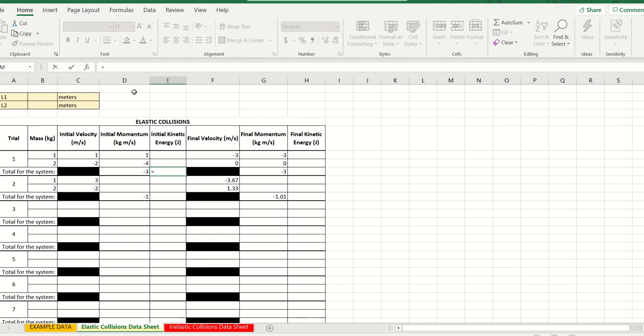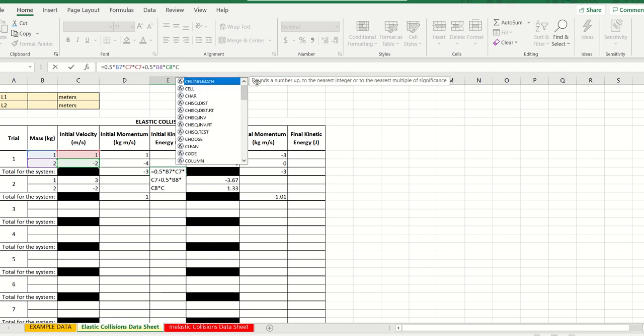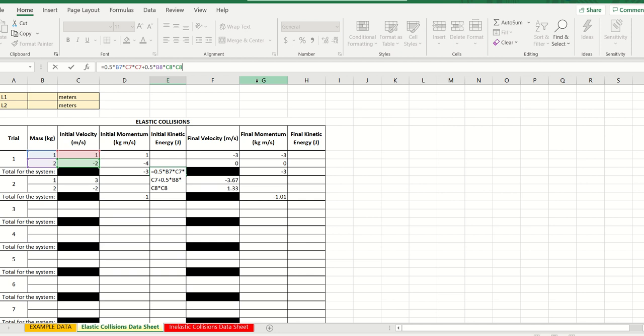It's going to be 1/2 or 0.5 times m1 times v1 squared, I'm just going to multiply again to square it, plus 1/2 times m2 times v2 squared. You have to square v2, so you multiply by it again. Okay, and if you do that, you should see 4.5, right? And it does turn out to be 4.5.